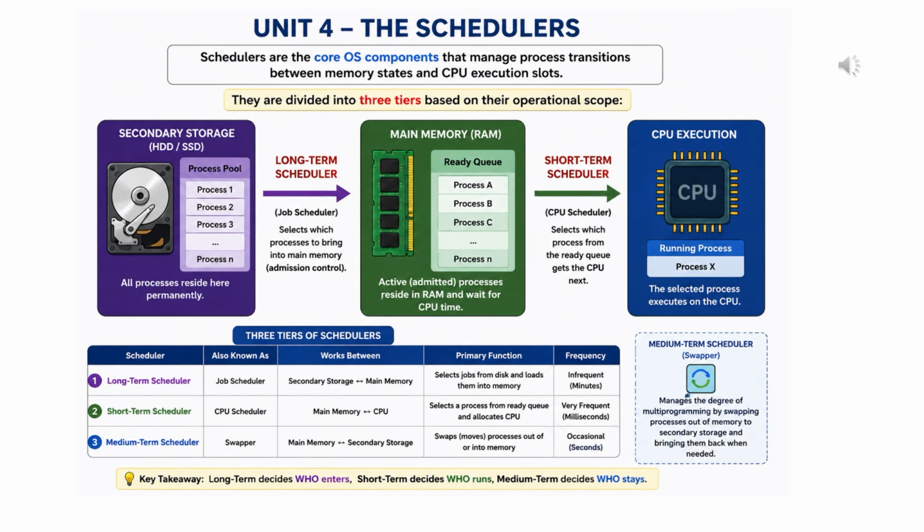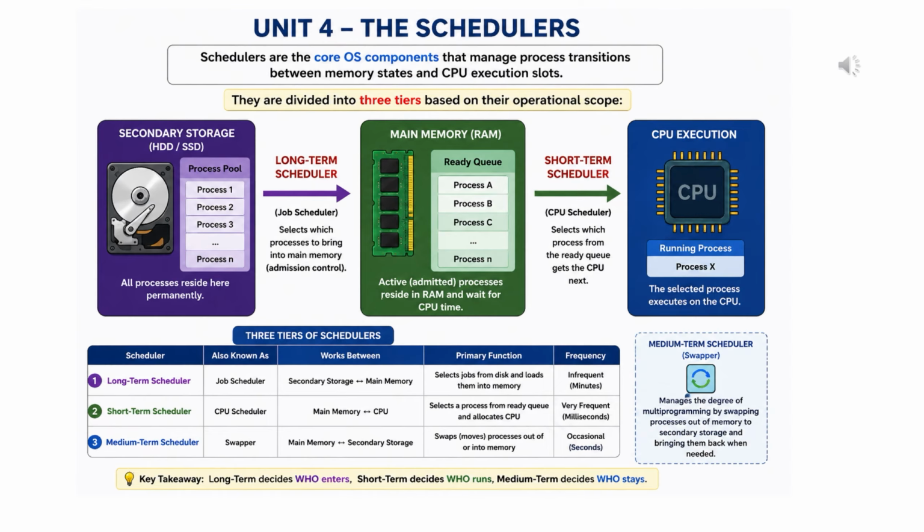Now that we understand how processes move through different queues, let's discuss the components responsible for making these decisions. These components are called schedulers. Schedulers are special parts of the operating system that decide when a process enters memory, when it receives CPU time, and when it leaves the system.